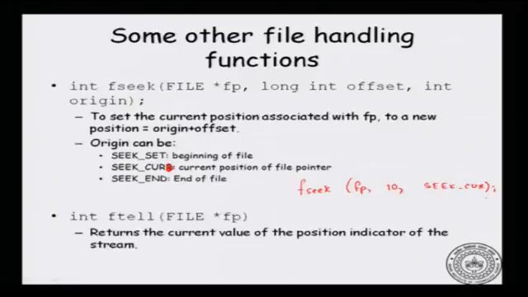So, if I say this, then what it will perform is, it will say 10 bytes from the current position. So, I have already read 100 bytes from the file and then I say fseek 10 bytes from the current location. What it will do is jump to 110th location.